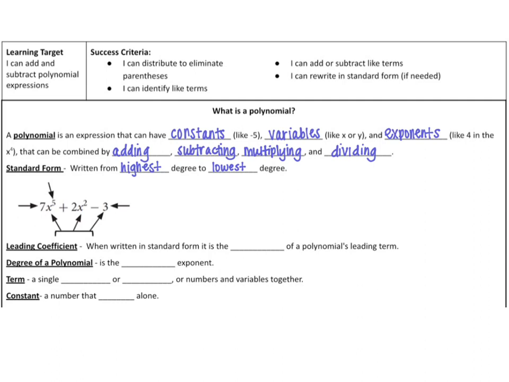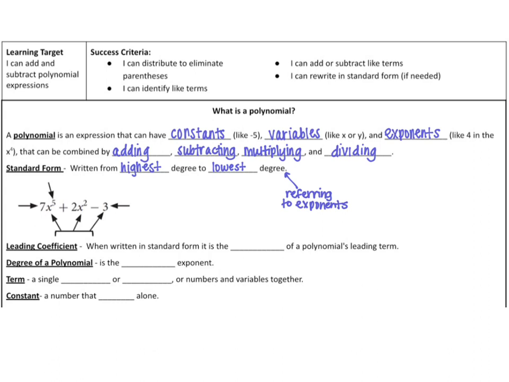Okay, so if you want to make a little note, degree is referring to the exponent. So in this little example that we have here, we have 7x to the 5th power plus 2x squared minus 3. Anytime you see an equation like this, it is written in standard form.